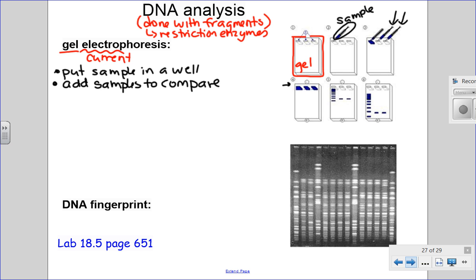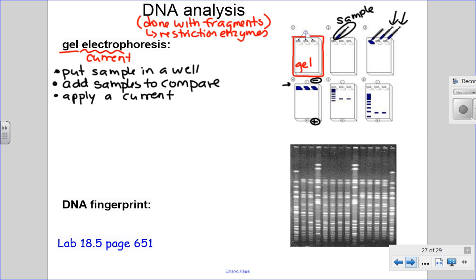Now, once you have all of your samples in the wells, then you apply a current. So there needs to be electricity, an electrical current, running through this gel. If you take a look, you can see negative on the top, positive on the bottom. That's kind of a small detail.